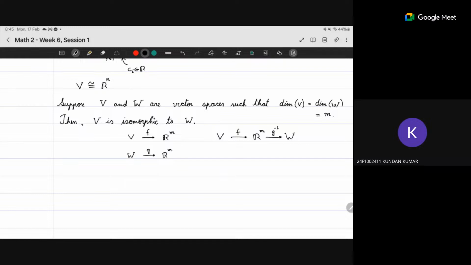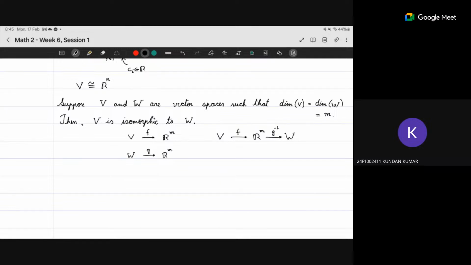If you know this from bijection, as soon as you have a bijection, you have something called the inverse map, and that is also a bijection. This is probably from Math 1 even, the inverse of a function.